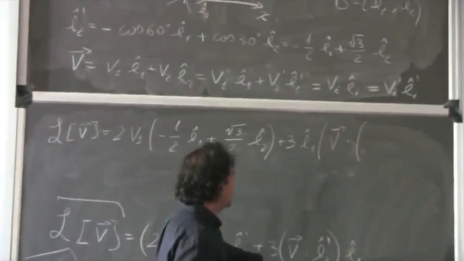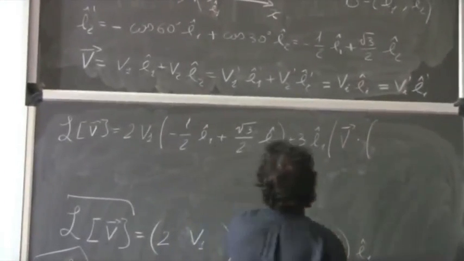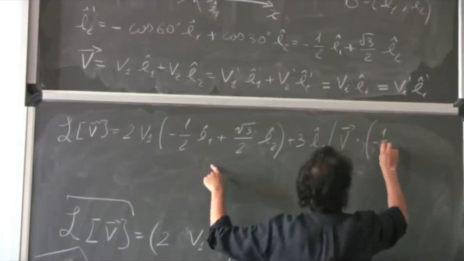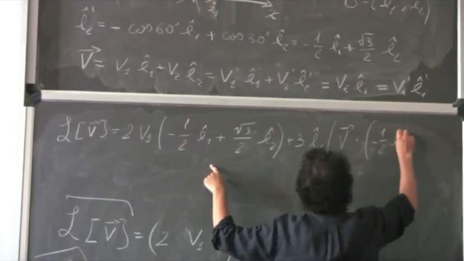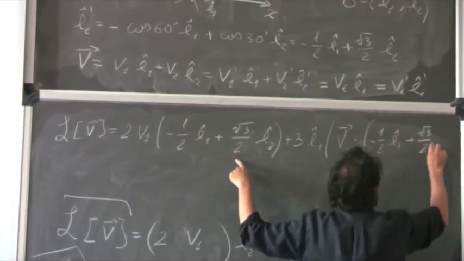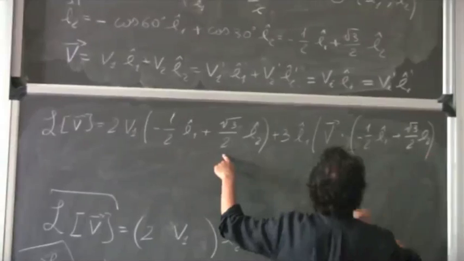Scalar the vector, the unit vector E2 prime, that is the same here. So minus 1/2 E1 plus square root of 3 over 2 E2.